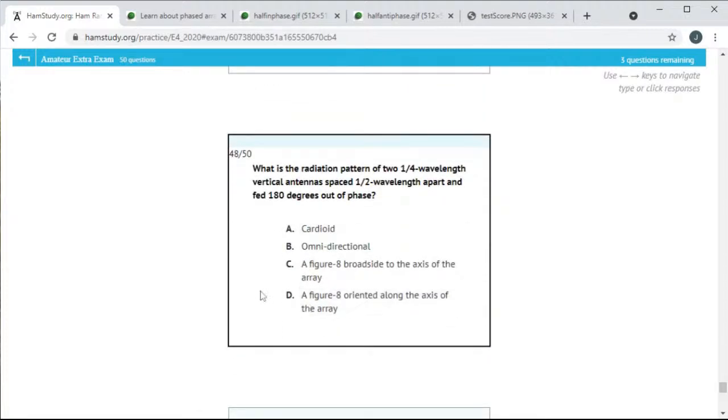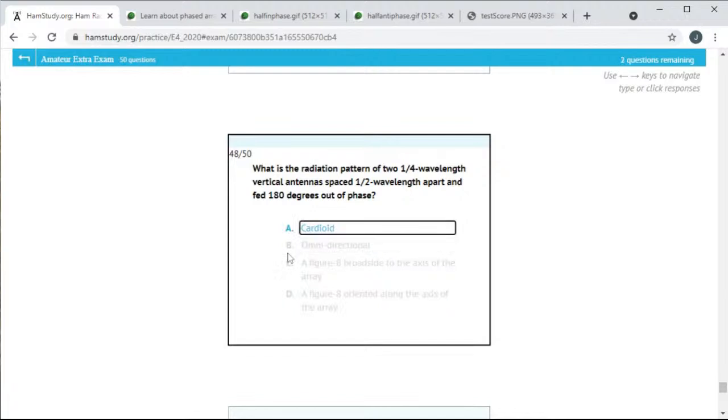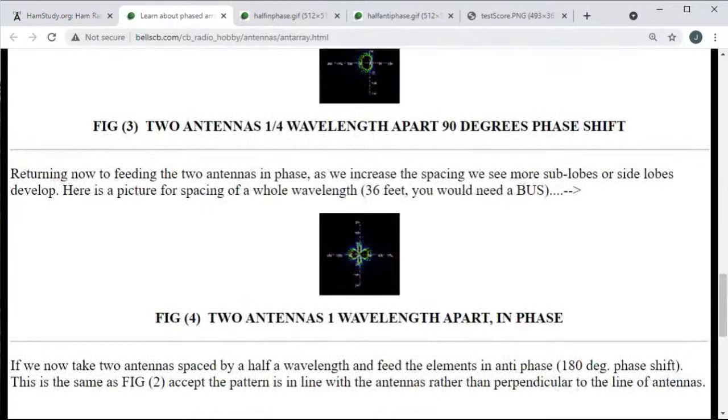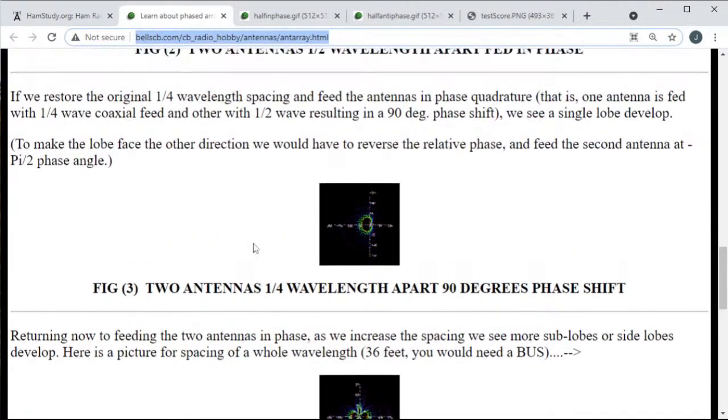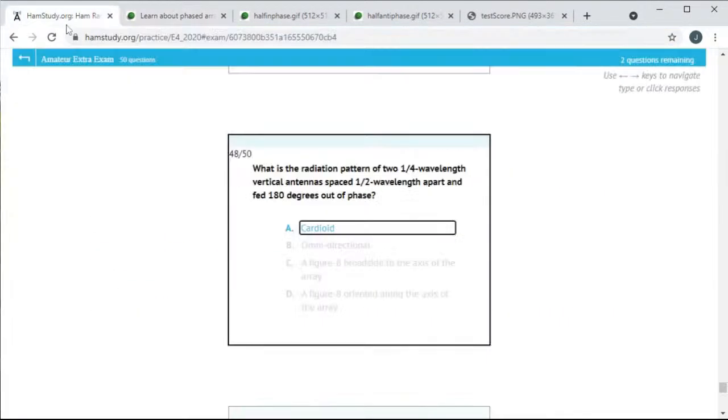What is the radiation pattern of two quarter wavelength vertical antennas spaced half a wavelength apart, fed 180 degrees out of phase? And that is toroidal. Just for reference, the website I'm pasting deals with how two antennas behave.